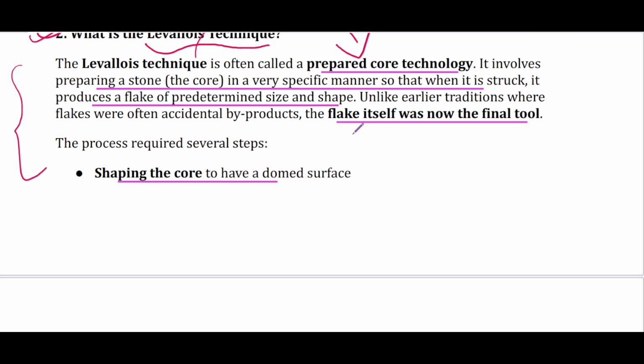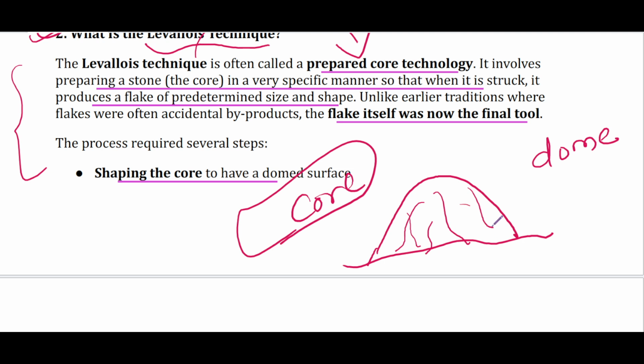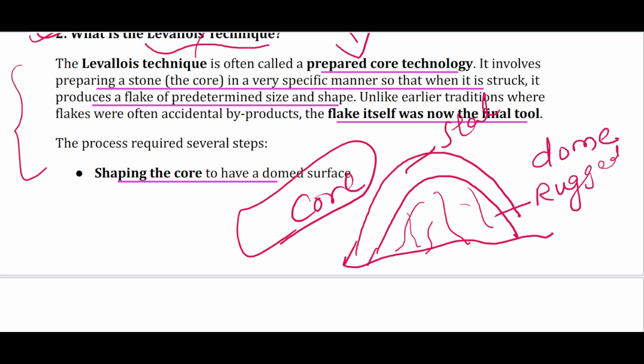इस technique में क्या होता है? First, a core stone is taken, and that core stone is shaped into the structure of a dome. Then in that dome, one face is kept rugged, untouched, while the other face is usually kept flat, sharp and polished.